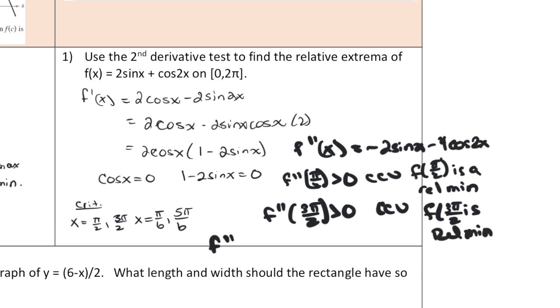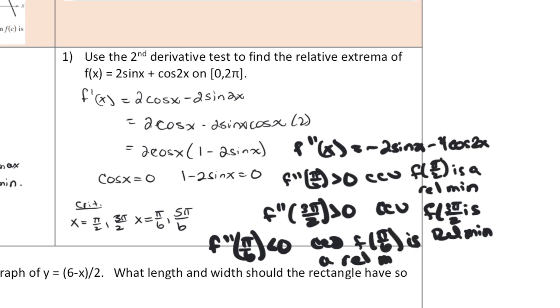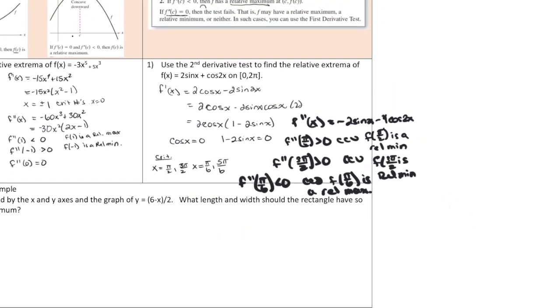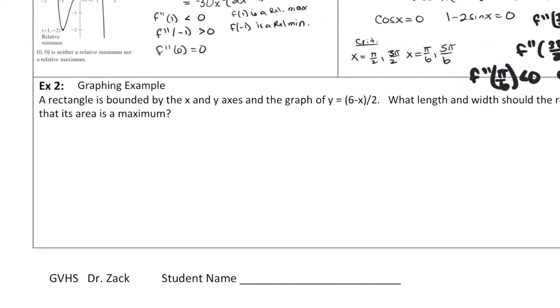Now, f double prime at pi over 6 is less than 0, so the function is concave down, and f at pi over 6 is a relative maximum. We're also going to find that f double prime of 5 pi over 6 is less than 0 and is another relative maximum. So you have 2 relative minimums and 2 relative maximums.